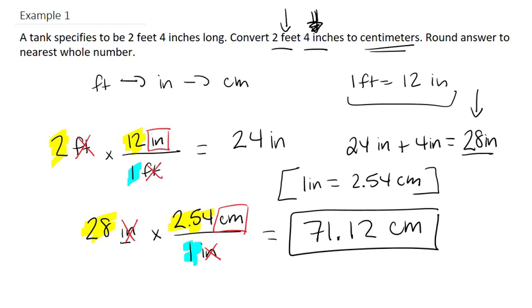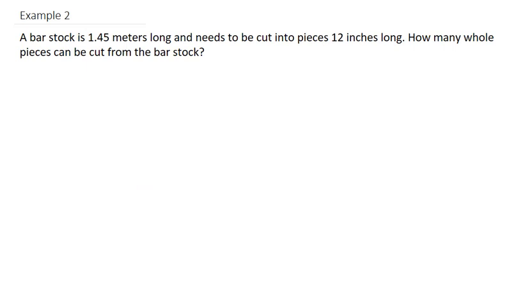Now let's do another example. Example 2. A bar stock is 1.45 meters long and needs to be cut into pieces that are 12 inches long. How many whole pieces can be cut from the bar stock?